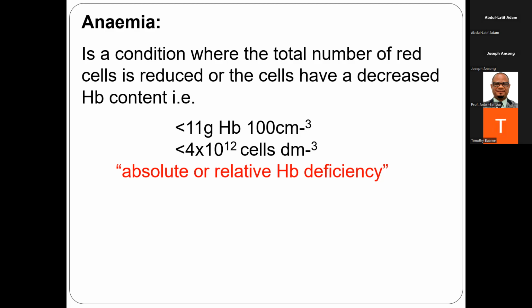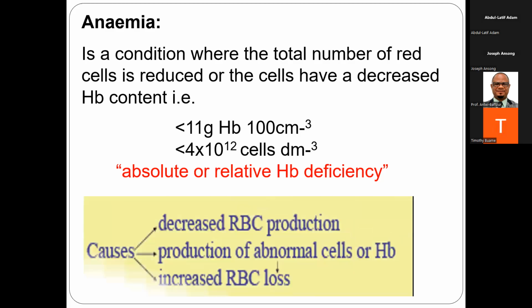But sometimes you will see that the number of red cells may be normal, but hemoglobin is less. That is relative reduction. So there is relative deficiency in hemoglobin when the other measurements are normal, but hemoglobin is reduced. And when all the other parameters are also reduced, then the reduction in hemoglobin is said to be absolute.